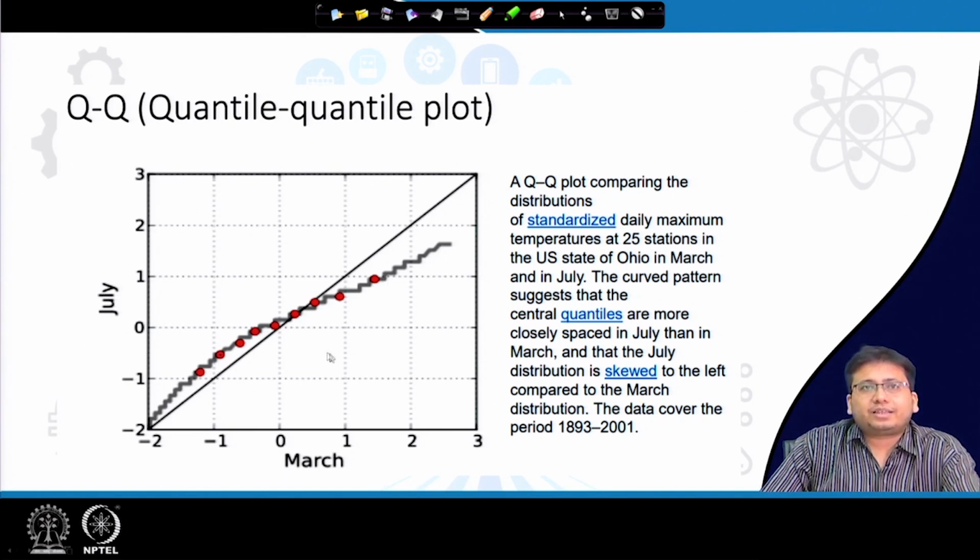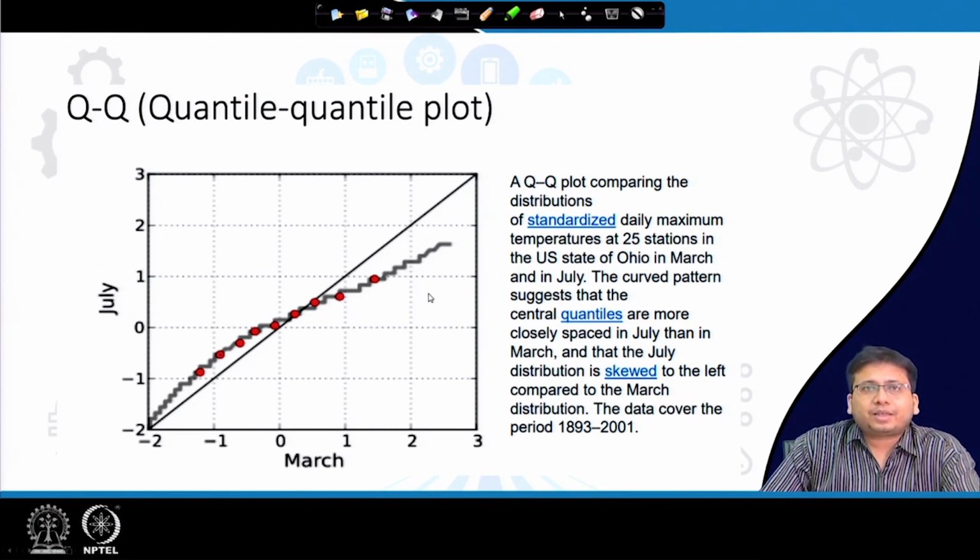So they have plotted something like the 50th percentile in March versus the 50th percentile in July, or the 75th: along the x axis we may have the 75th percentile in March, which let us say is this value 2, and on the y axis we are plotting the corresponding 75th percentile in July, which is something like 1.1.